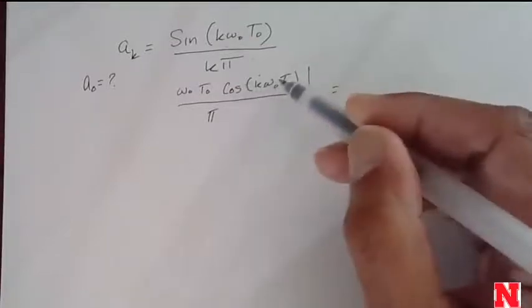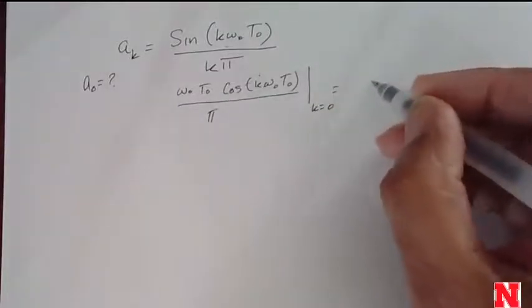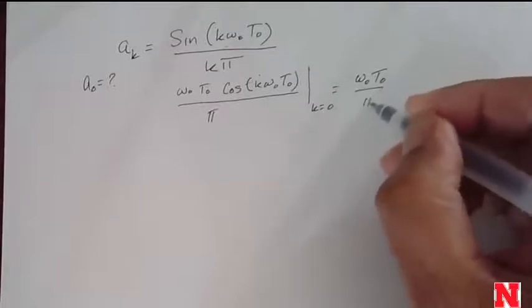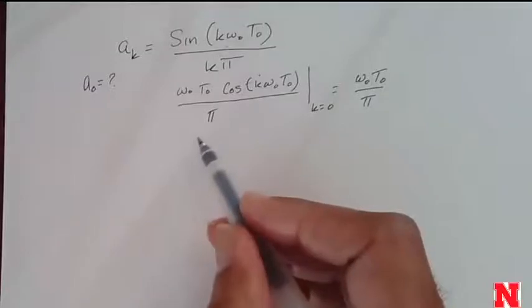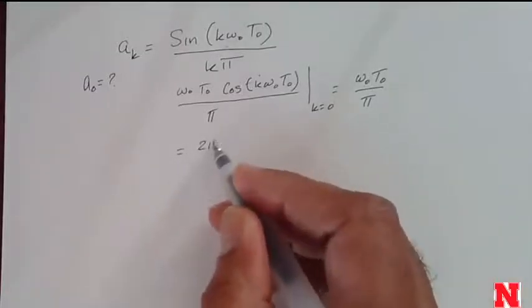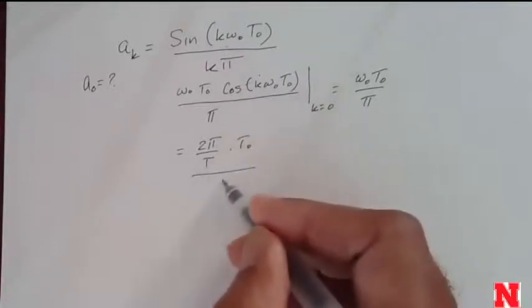So now cosine of 0 is just 1, and we'll get omega naught t naught over pi. And omega naught we know is 2 pi over cap T. So this is equal to 2 pi over cap T times t naught divided by pi.